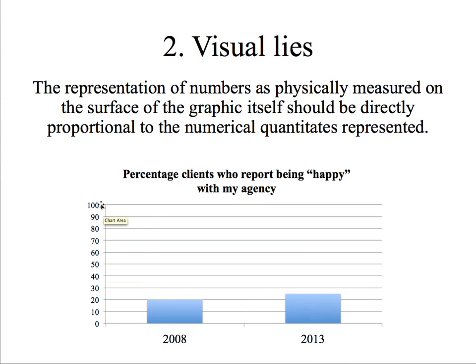If we go from 0 to 100, now they are on the same scale, and this is the difference, just the 5 percentage points. It shows that actually not many people are happy with the agency. It's just 20%, and here it's just 25%. There is an increase, but it's a small increase, and in the overall scheme of things, people are not very happy with the agency.